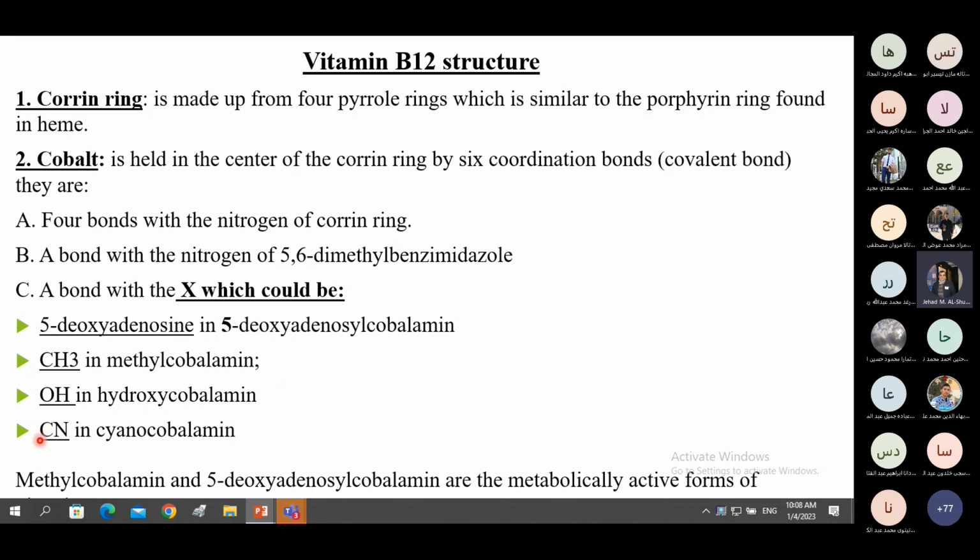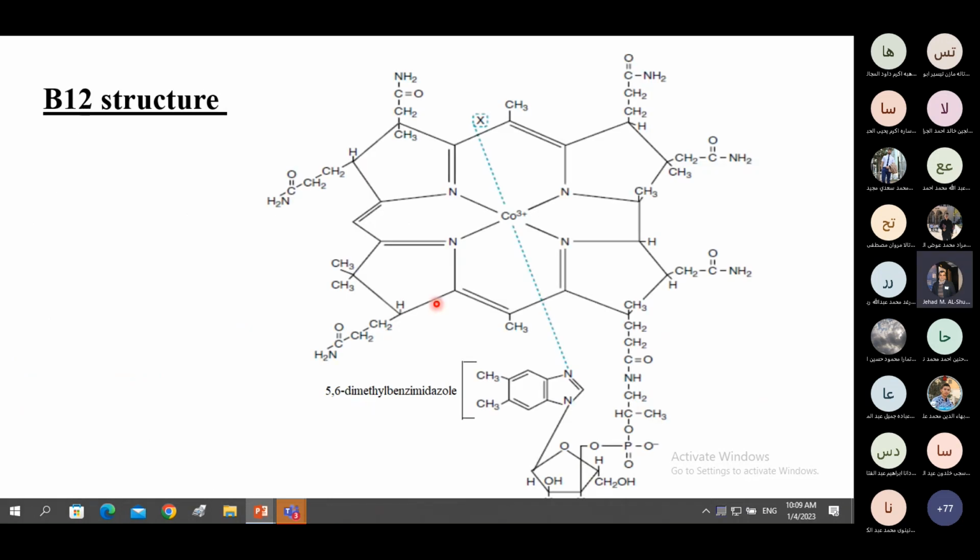If cyanide is in X, it is cyanocobalamin. So these are the different forms of B12. But 5-deoxyadenosylcobalamin and methylcobalamin are the metabolically active forms of B12. So this is the structure of B12.